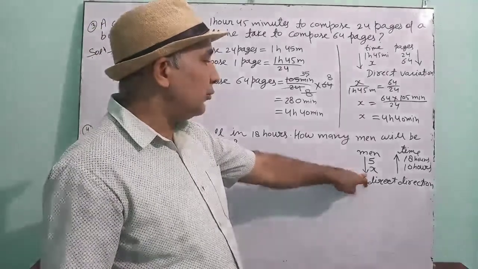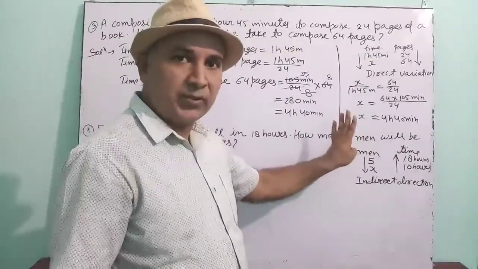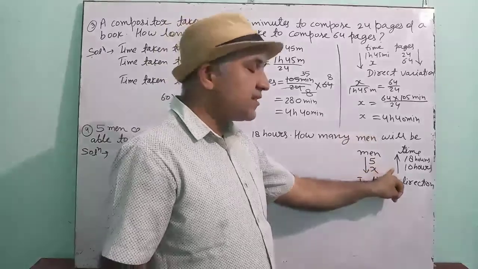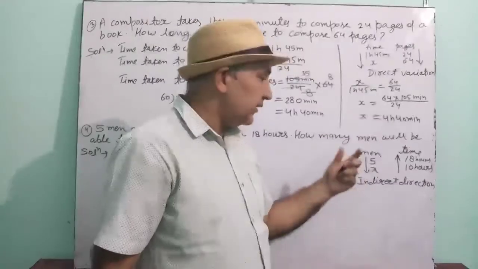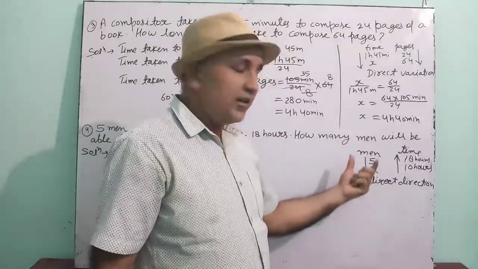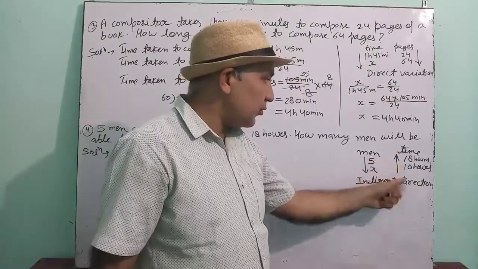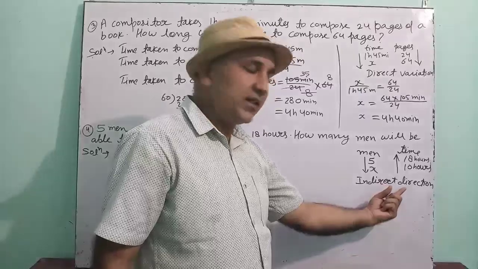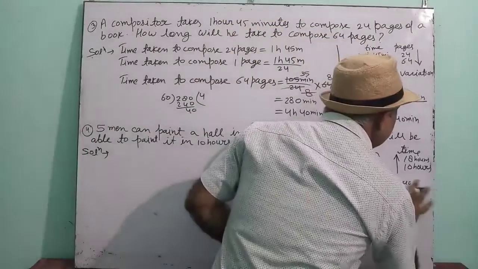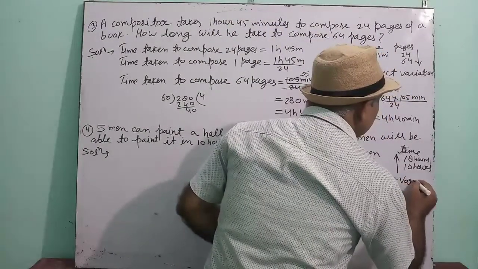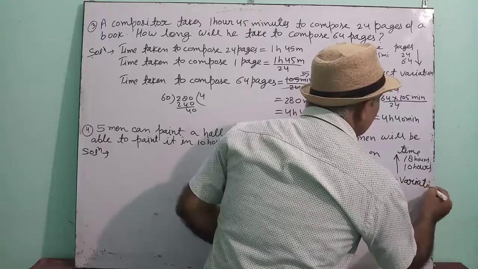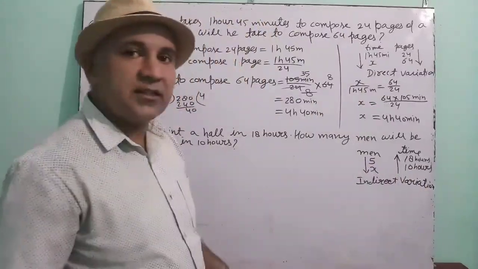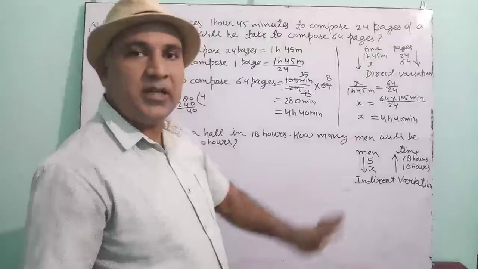Where the value is unknown, put the arrow from your side. On the second side, you have to think whether it is direct or indirect. If direct variation, then the arrow direction will be the same. But if indirect variation is there, then the arrow sign will be opposite.